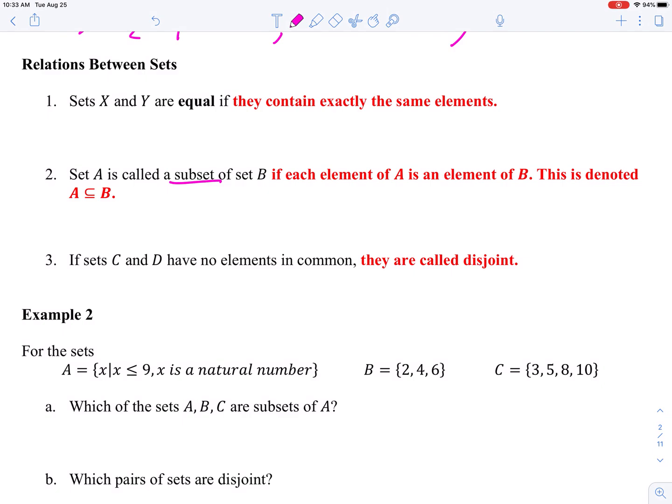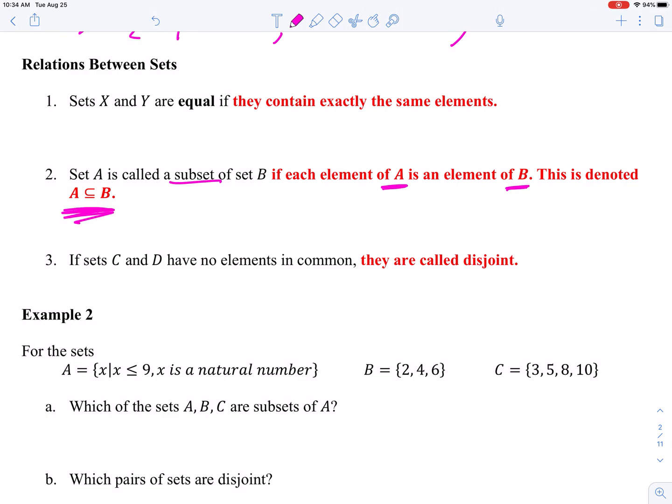A is a subset of B if each element in set A is an element of set B. That's it. As long as each part of A is in B as well, then A is a subset of B, and that's the notation right there, kind of like a sideways U with one part of the equal sign under it. So A is a subset of B.